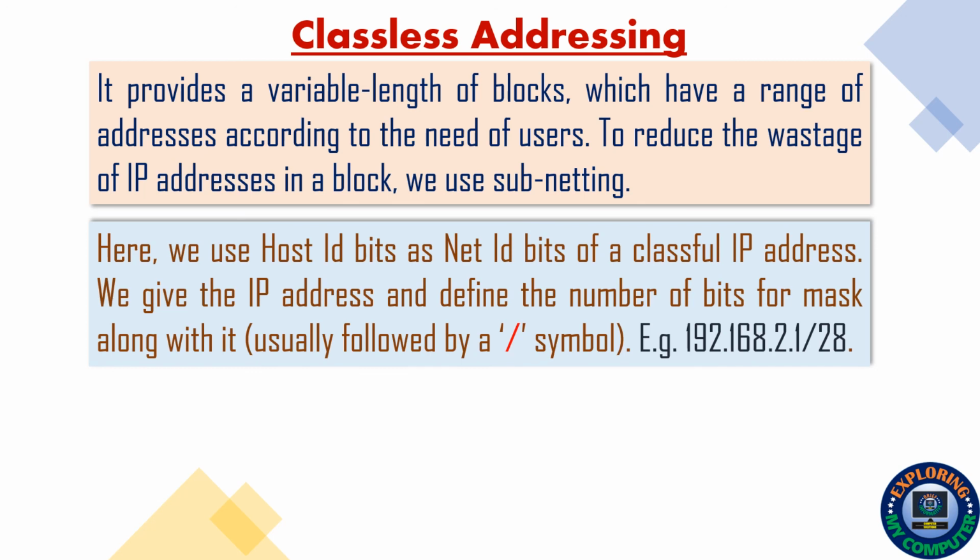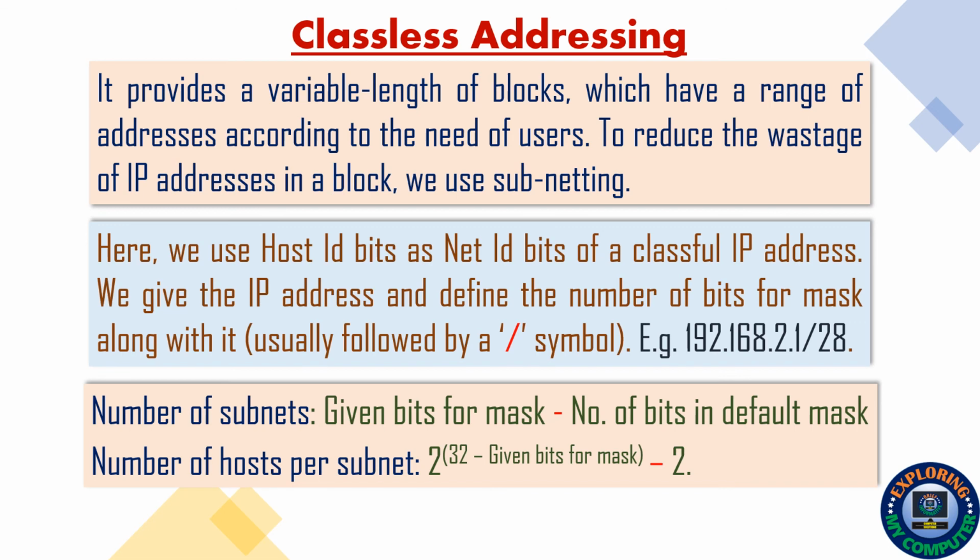We give the IP address and define the number of bits for the mask along with it, usually followed by a slash symbol. Number of subnets equals the given bits for mask minus the number of bits in the default mask. Number of hosts per subnet equals 2 to the power of 32 minus the given bits for mask, minus 2.